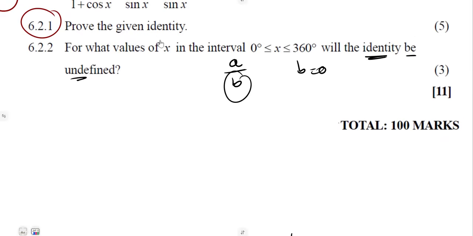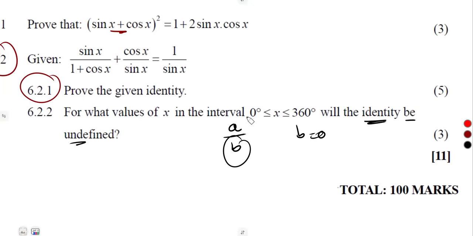So this identity, when we proved it, we proved that it is the same as 1 over sine x. So we can use that single fraction that we have and work with the denominator. It must be equal to 0 for us to have an identity that is undefined. So our denominator, sine of x, must be equal to 0.